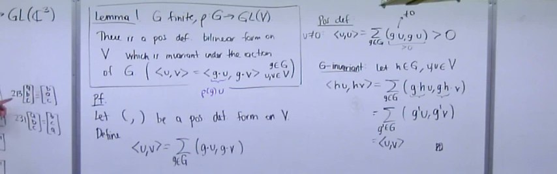You see, what do you need? Well, if this group element is going to send this thing back to this one, then A has to be equal to B. If this group element is going to send this one equal to this one, you're going to have A equal to B, B equal to C, C equal to A. And then you say, okay, well, that must be a vector that has all three coordinates equal to each other. And then when you think about it, each one of these group elements just kind of moves the coordinates around. And so if you start with a vector x, comma, x, comma, x, these group elements don't touch it. Okay?